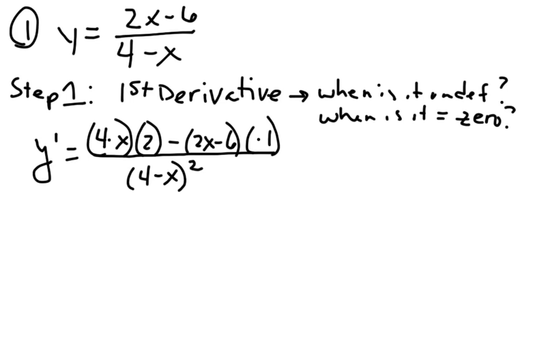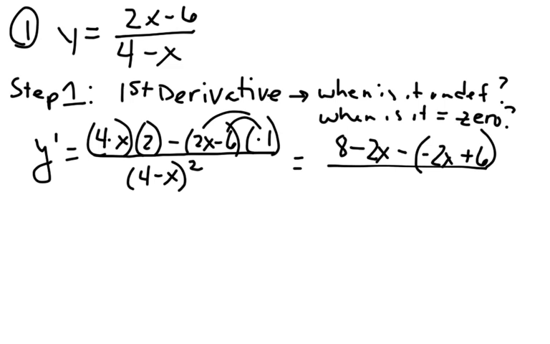So this is going to equal 8 minus 2x minus, if I distribute this negative 1 in, sorry, negative 2x plus 6, all divided by 4 minus x squared. I'm not going to multiply that out.